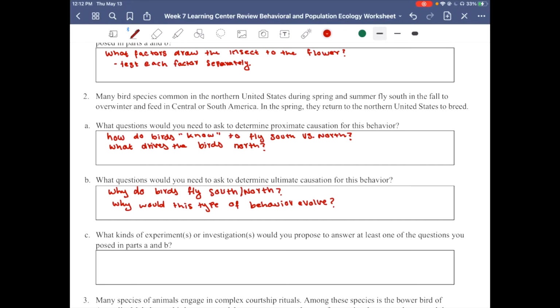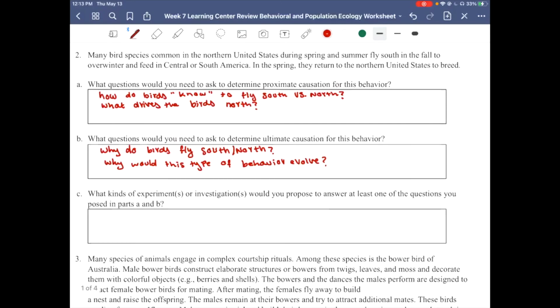All right. So similarly, we're going to do what kind of experiments we could propose to answer. So say we're looking at environmental factors that prompt them to fly south. We could test that by looking at the change in day's length on birds' behavior.